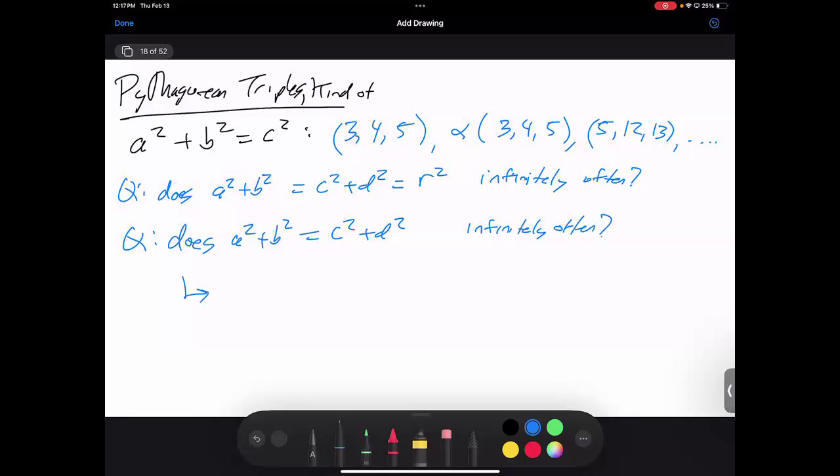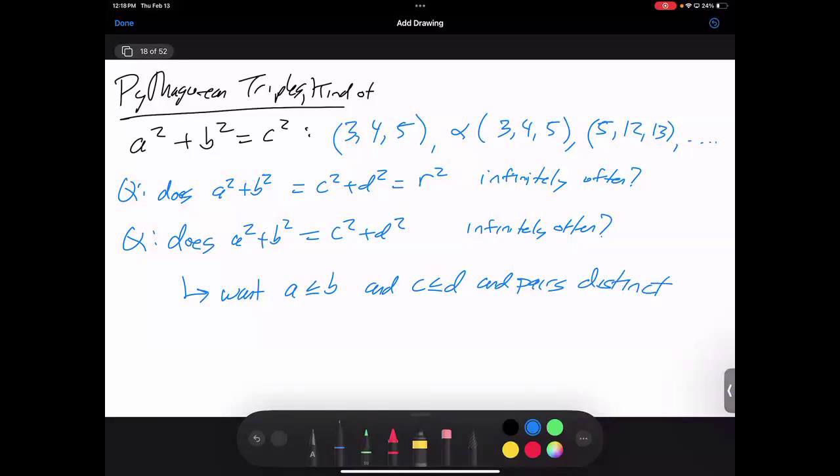And what do I want to assume about a, b, c, and d in order to make this interesting? Can you give me infinitely many pairs such that a squared plus b squared equals c squared plus d squared? Yeah, if I take a equals b, c equals d, right? So I want, say, a less than or equal to b and c less than or equal to d and the pairs distinct.